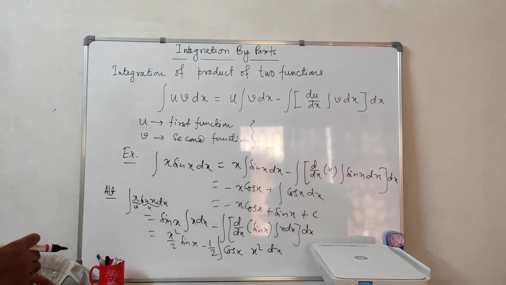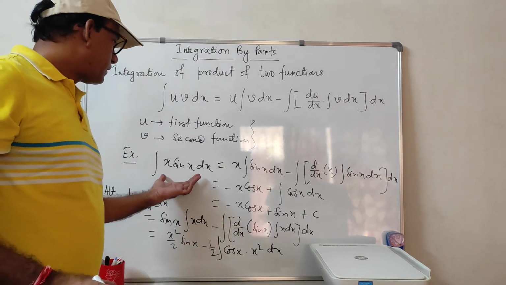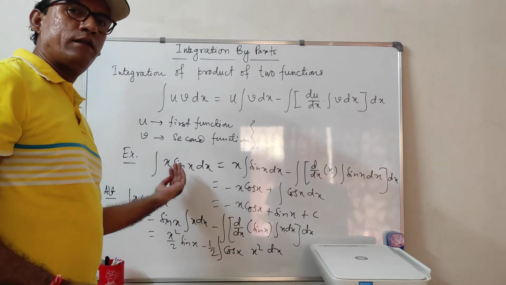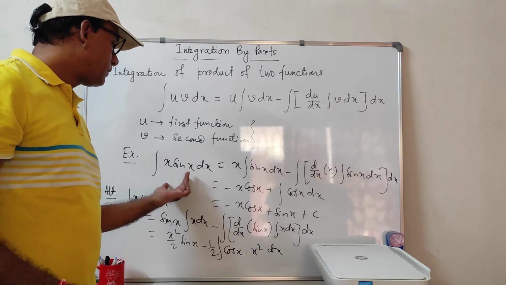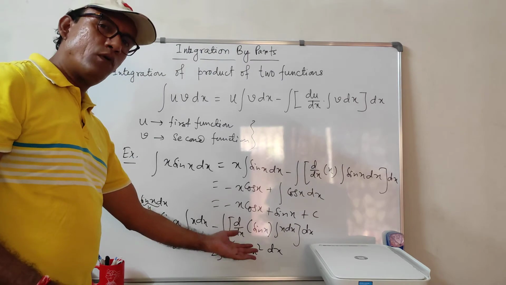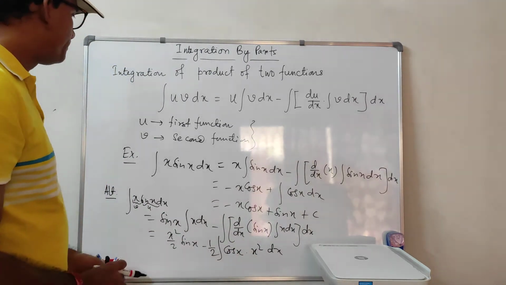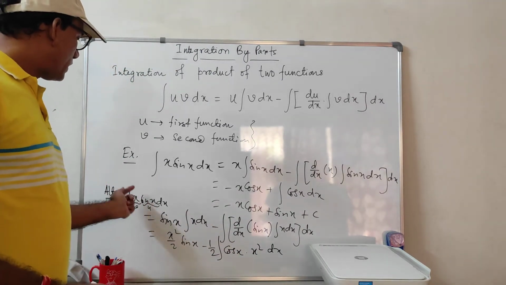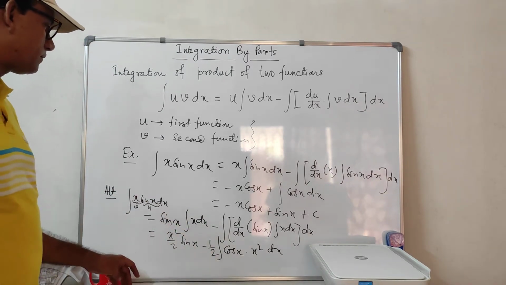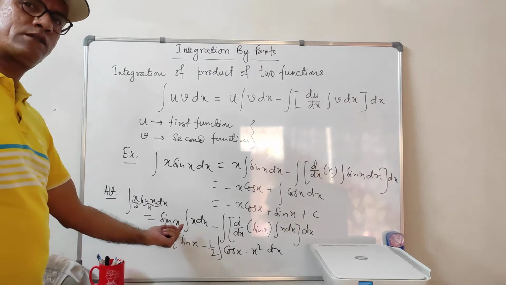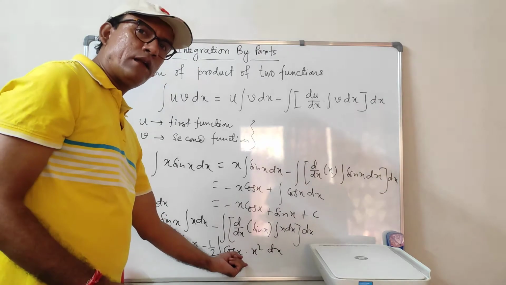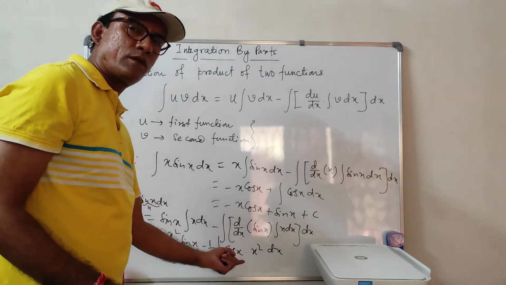So instead of reducing the difficulty level of the integral, what we got is a more difficult type of integral, because initially the integral was x sin x, but after choosing sin x as the first function, we get another integral which involves x square cos x.